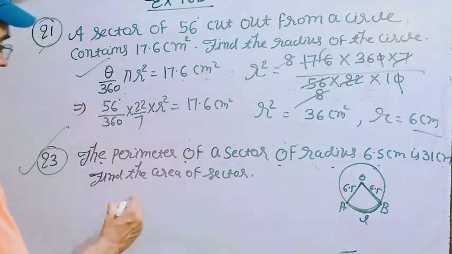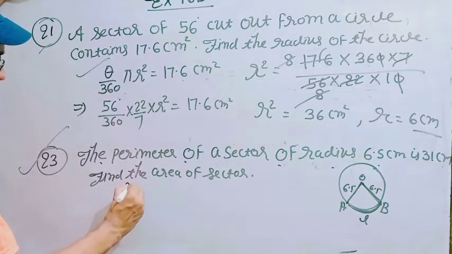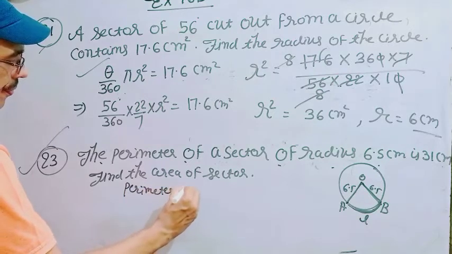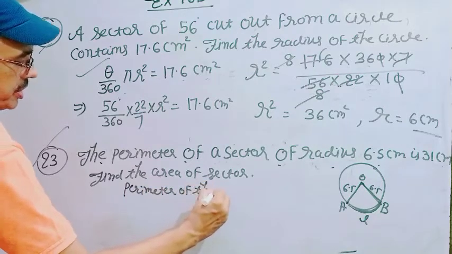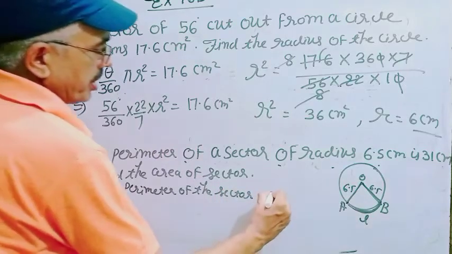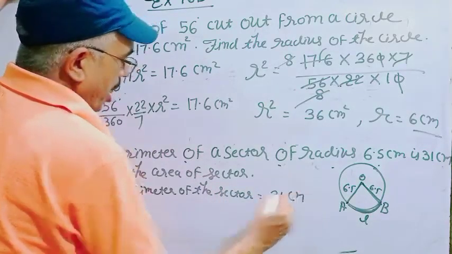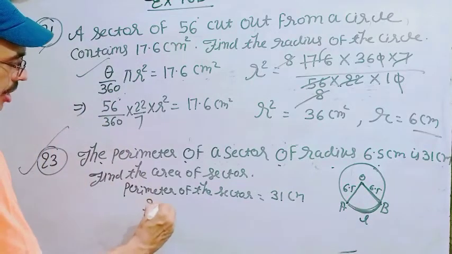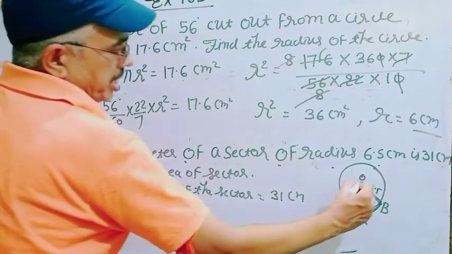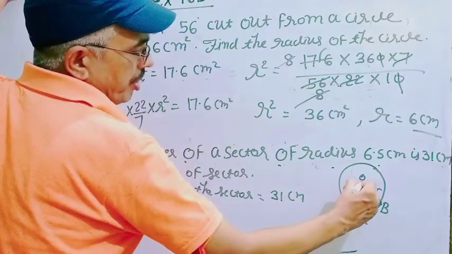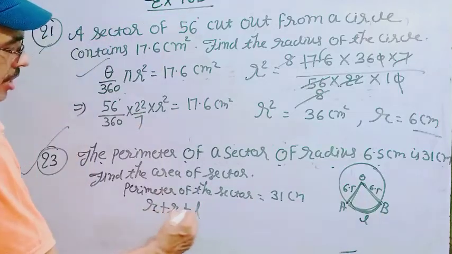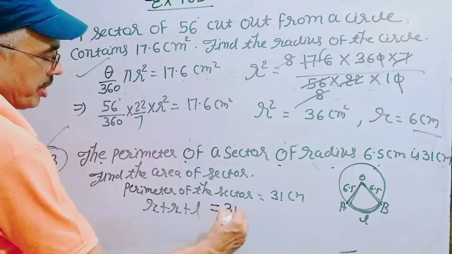So you write here, perimeter of the sector. Perimeter of the sector is given 31 cm, and it is equal to 2R plus L, because it is the three parts of this figure. Two are R and one is L. Then 2R plus L is equal to 31.